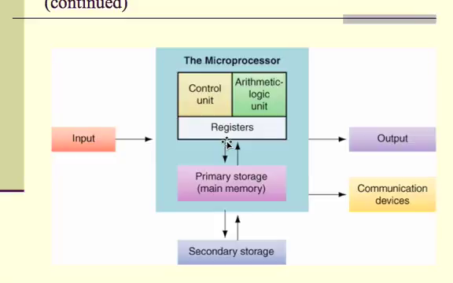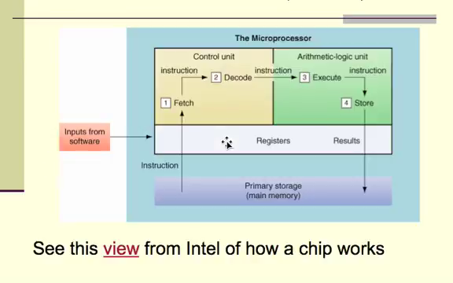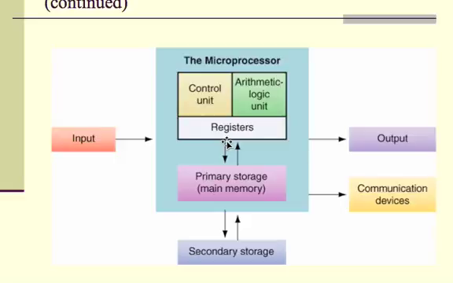But you've got some input coming in from the keyboard, from a mouse, from a microphone or a camera, and your processor will take that input and then it's going to run this cycle over here: fetch, decode, execute, and store. It has to go and get instructions from the primary storage. Then it has to decode the instructions, execute the instructions, and then store the result either in the register, primary memory, or secondary memory. So that's sort of your outline of how it works.